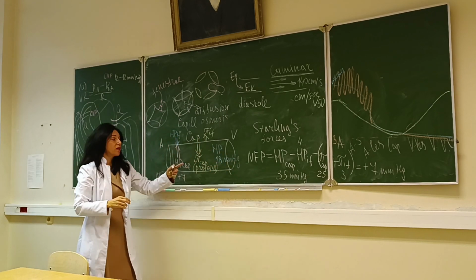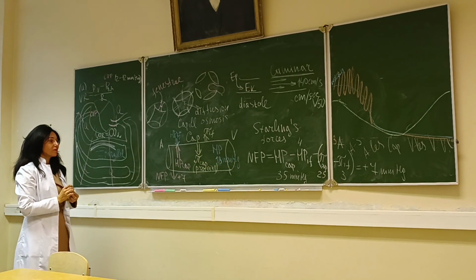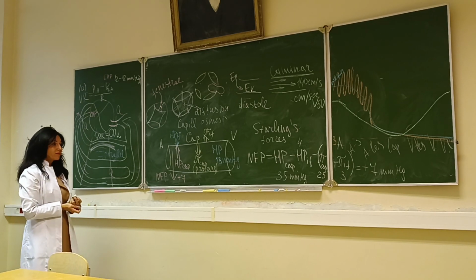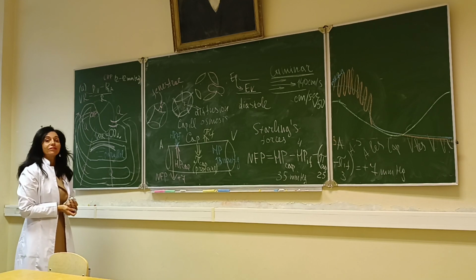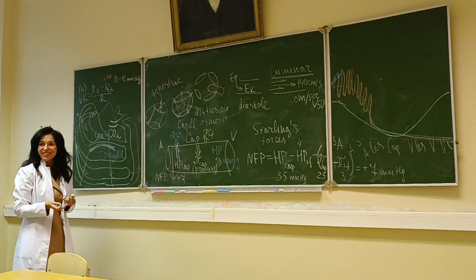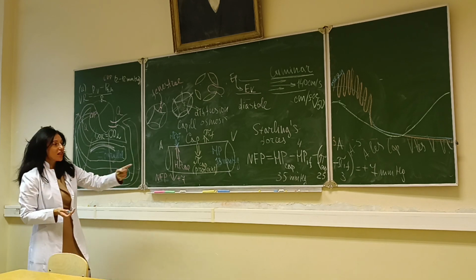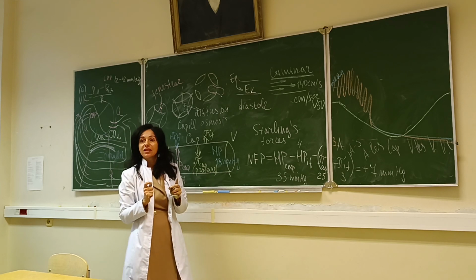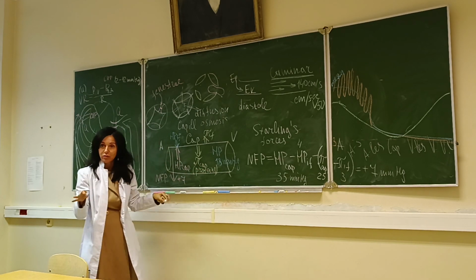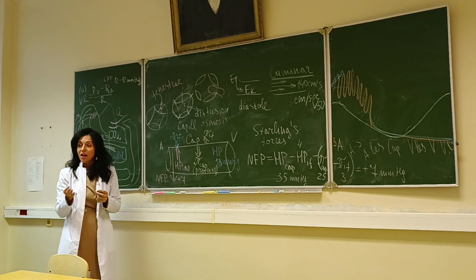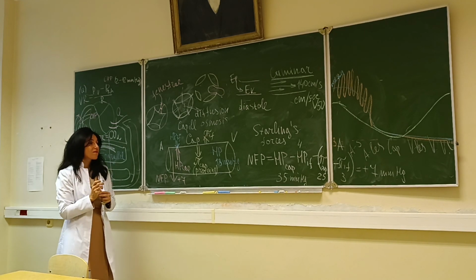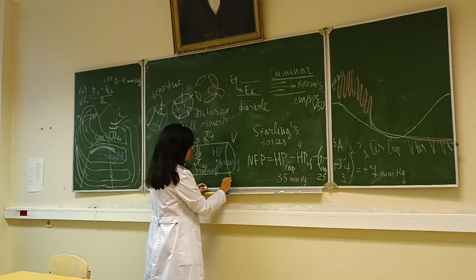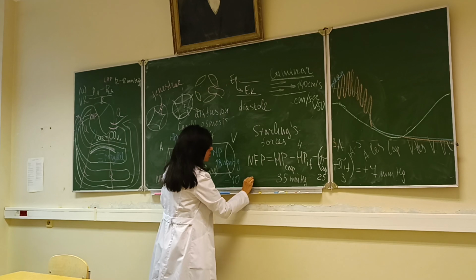Now calculate net filtration pressure. It is the same equation, but 18 instead of 35, because some water disappeared. The result will be minus 10 millimeters of mercury.